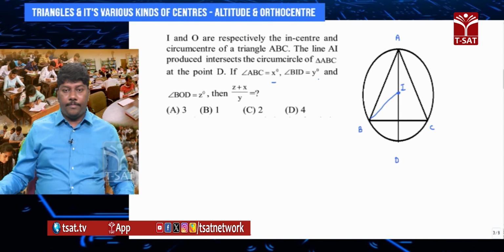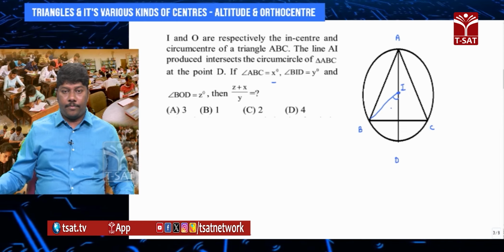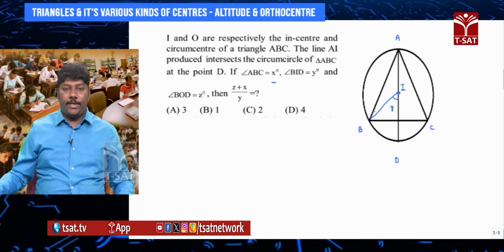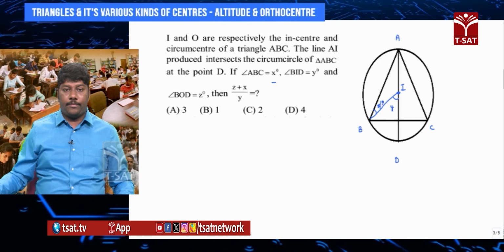Angle BID, so BID is y. This everything is x means this is x by 2, this is also x by 2.